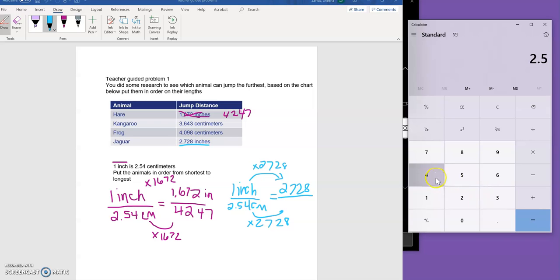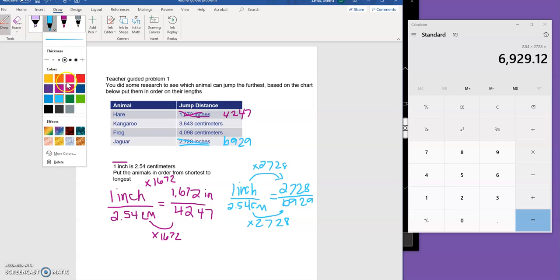So 2.54 times 2,728. Again, I'm going to round that to a whole number, 6,929, and I'll put that new value in my table. Now I can cross off inches, so all of these values are given to me in centimeters.